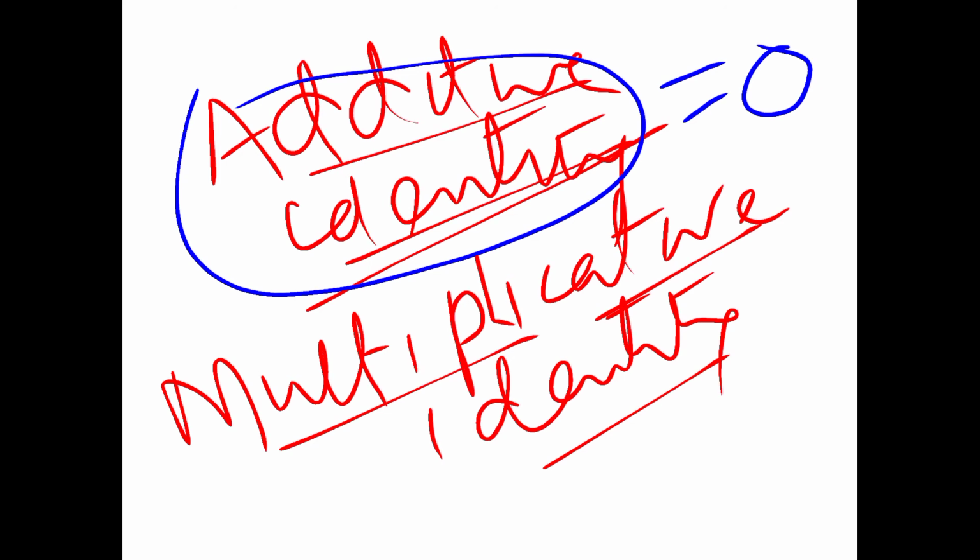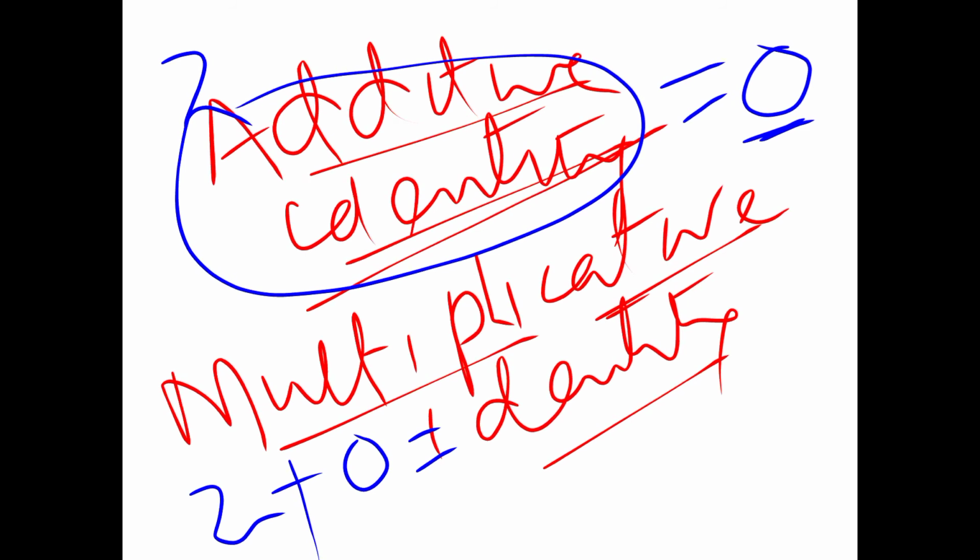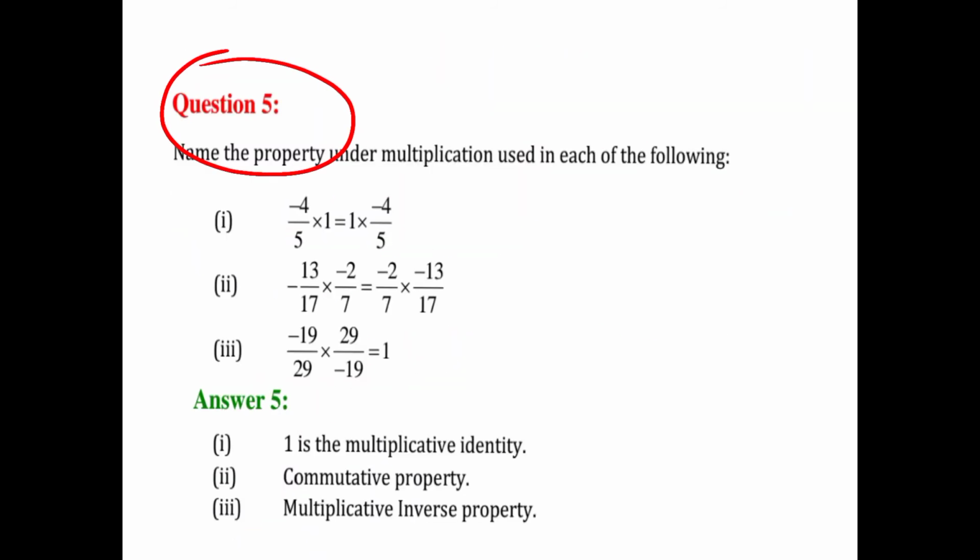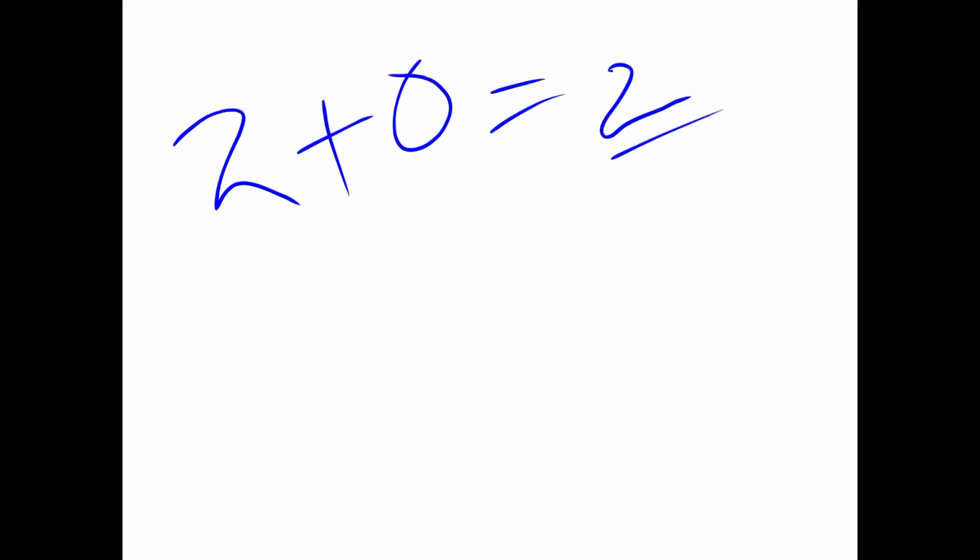Now why 0? Because if we add 0 to any rational number, for example 2, we will get the rational number back. If we add 0 to 2, we will get 2 as the answer.